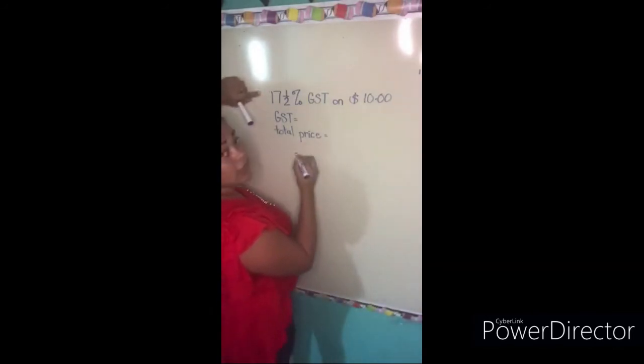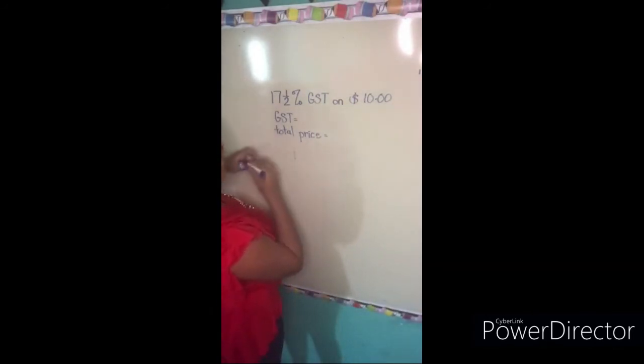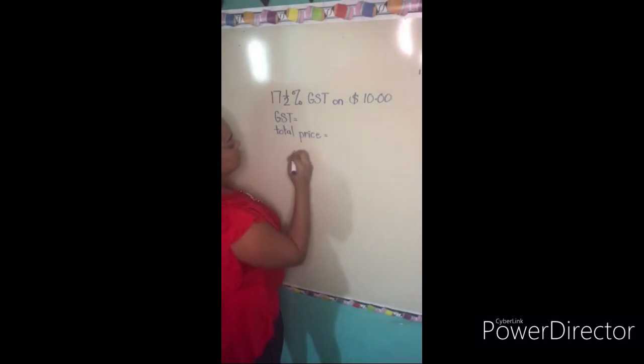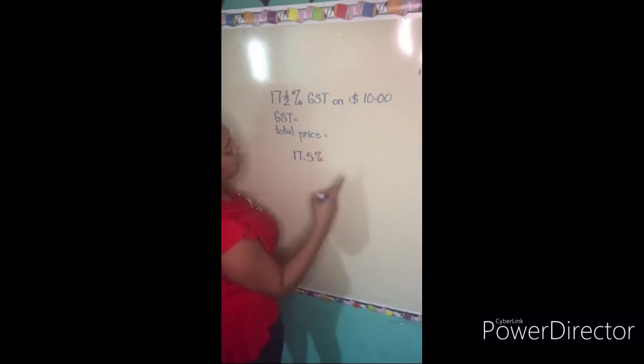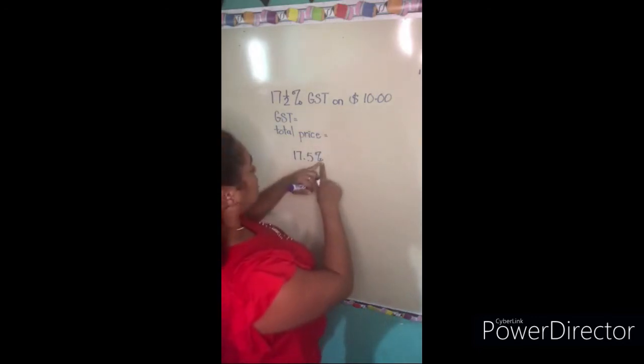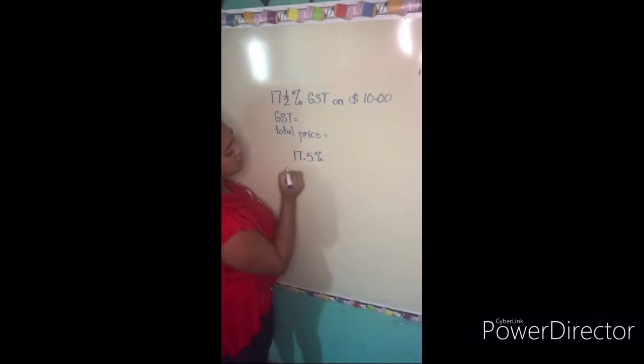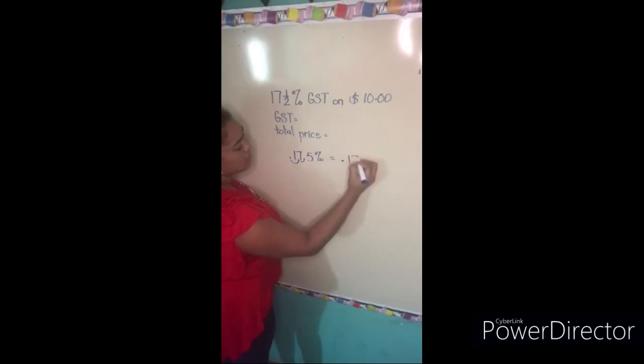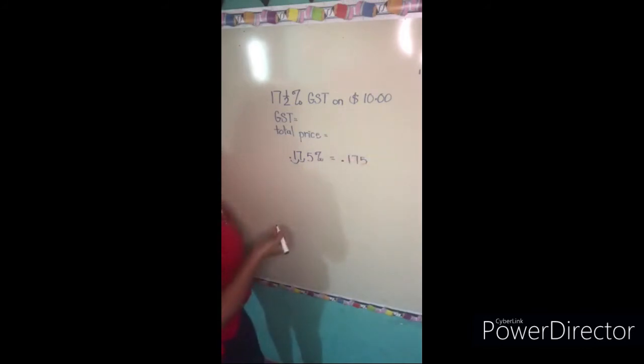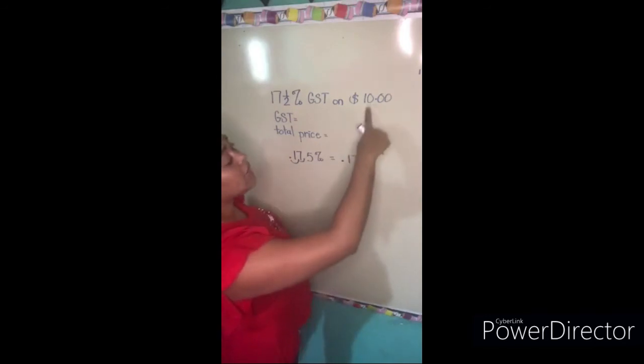So we're going to say 17.5%. Now, remember to change from percent to decimal, we divide by 100, which means that we move the decimal 2 spaces because 100 has 2 zeros. So 1, 2. So in decimals, it would be 0.175.